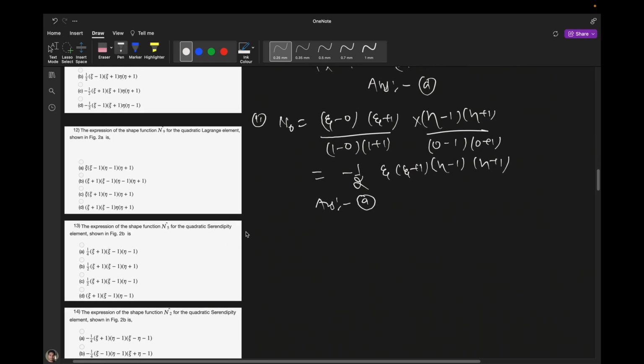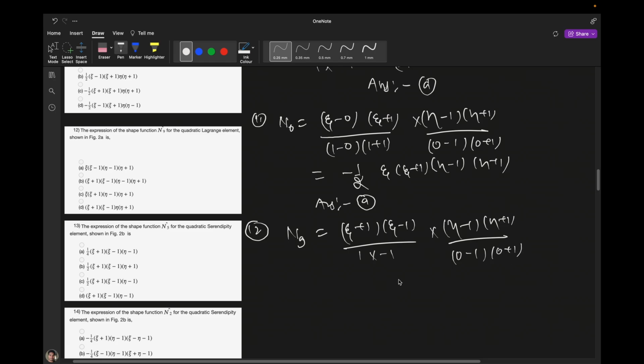Okay, now for problem number 12. So it is asking what will be the shape function for n9. So that will be xi plus 1, xi minus 1 divided by 1 into minus 1 into eta minus 1, eta plus 1, 0 minus 1 and 0 plus 1.